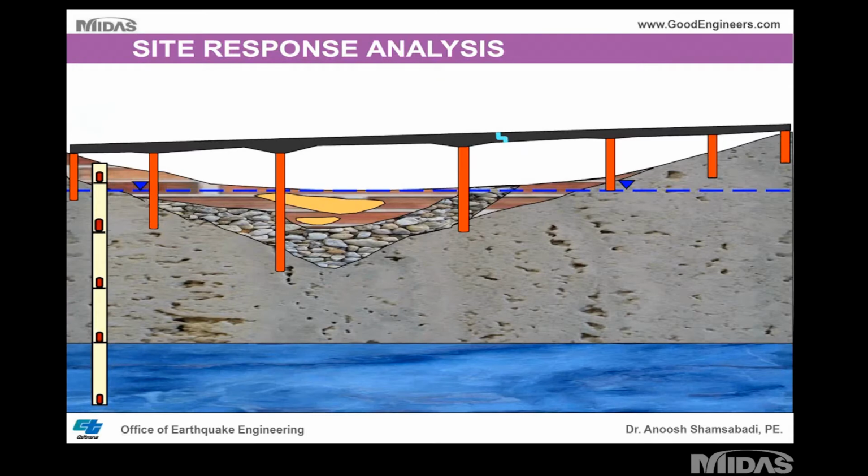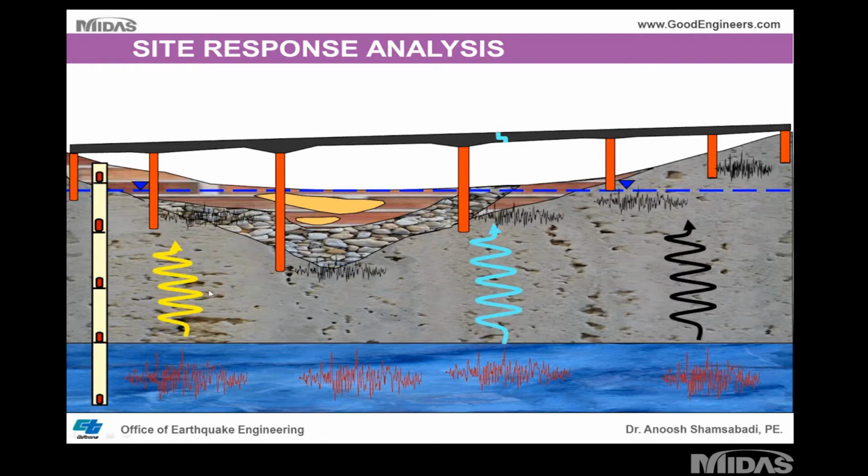So let me tell you what happens when you look at a seismic analysis of these long span bridges, and what are the steps and process that you have to go through in order to analyze these types of structures. First, when you have these long span structures, obviously the ground motion at every support is going to be different. So first, engineering seismologists would develop a rock motion at every support.